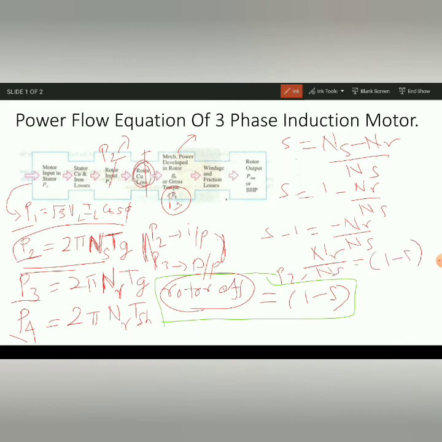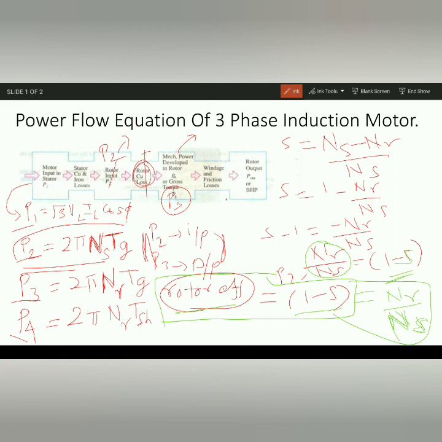So here also the rotor efficiency equals 1 minus s, which is also equivalent to nr by ns. So rotor efficiency is also equal to nr by ns. With this we can easily find the rotor copper loss and the rotor efficiency.